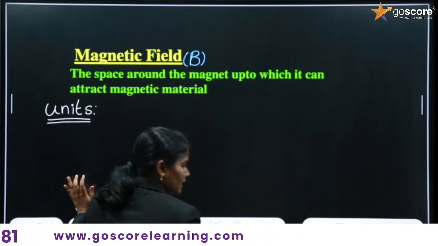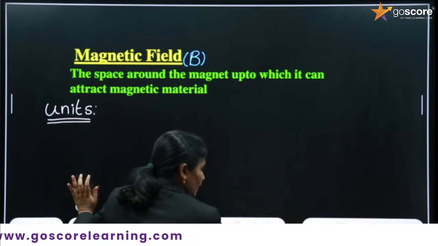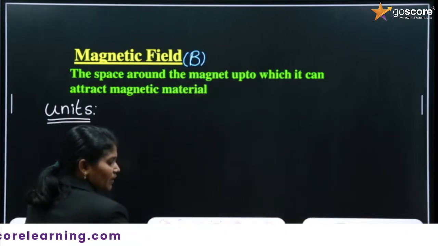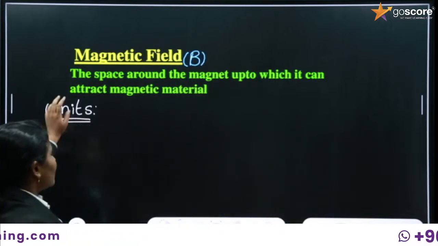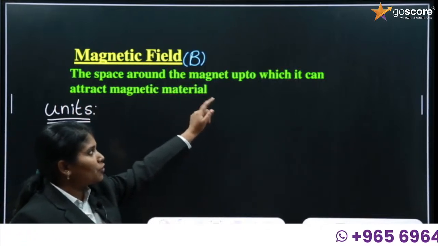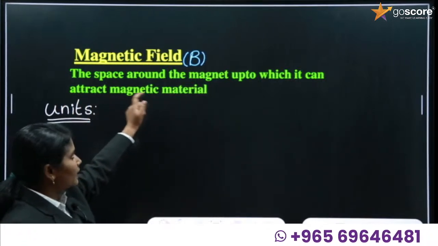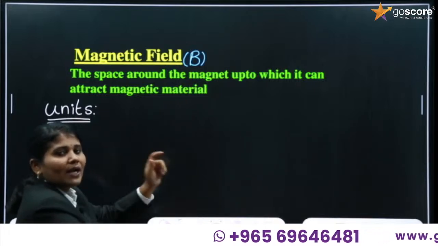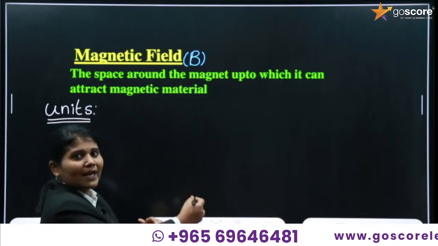The space around the magnet up to which it attracts magnetic material, we call it a magnetic field.